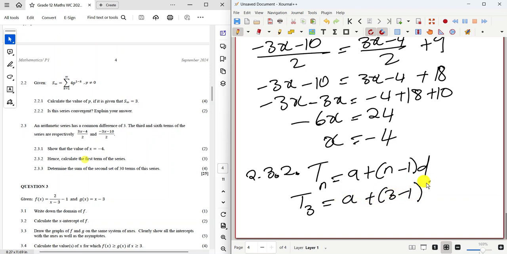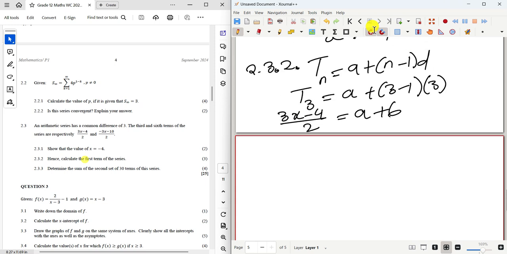What was the value of d? The value of d was 3, and the value of T3, if you recall, is (3x minus 4) over 2. So it is equal to a plus 2 times 3, which is 6.